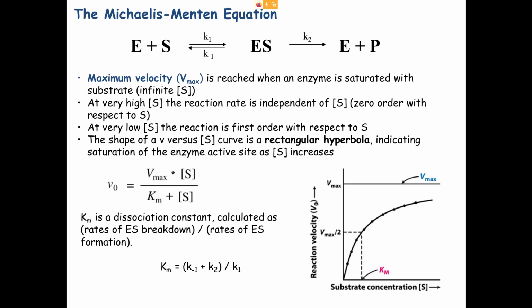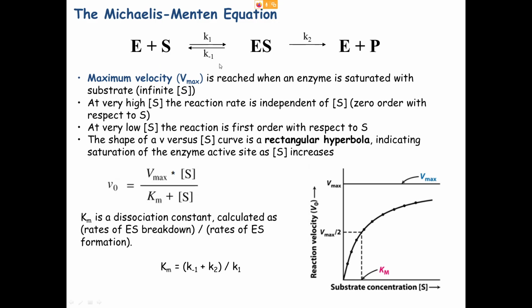But Km, if you want to calculate it, it's the rate at which the E and S can fall apart, right? So looking at the top up here, I rewrote our equation, losing the k minus 2 because we're biasing it. So how many ways can ES fall apart? Well, it could just simply become E plus S, or it can turn into product and release the product.